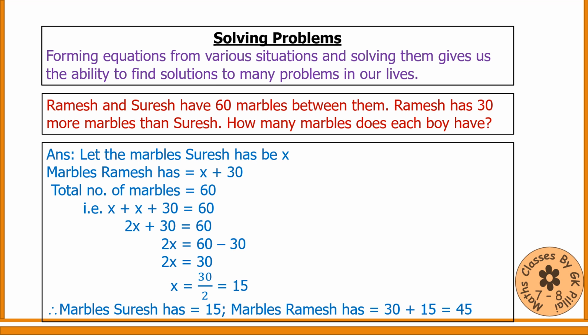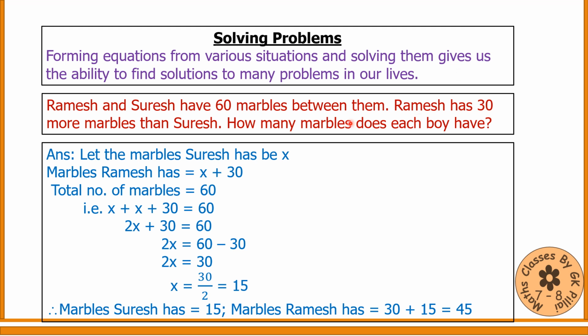The main aim is to write limited steps while forming and solving equations. I have just given a definition here. Forming equations from various situations and solving them gives us the ability to find solutions to many problems in our lives. This is a repetition of whatever I said.